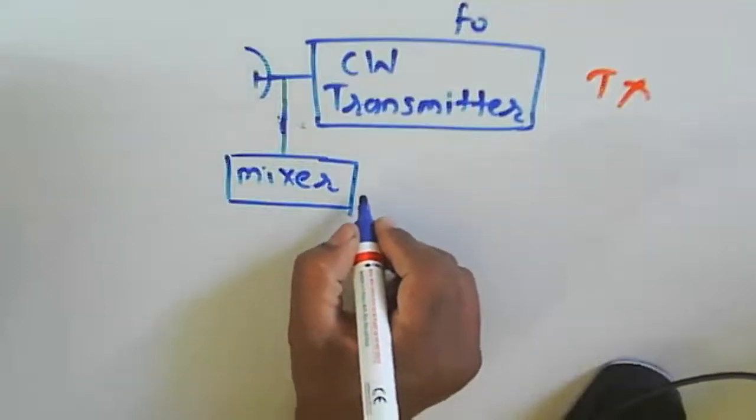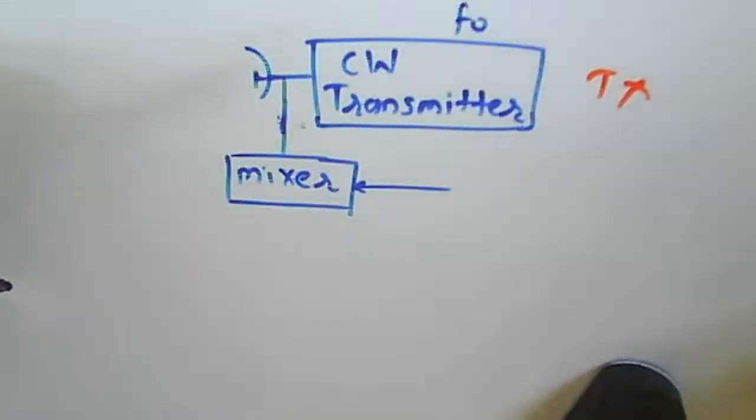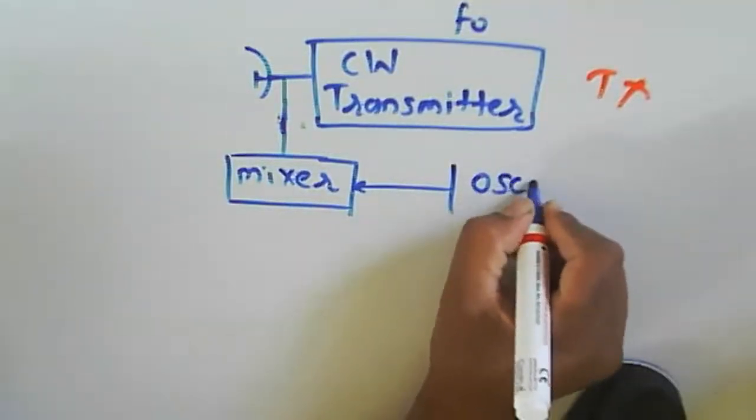and we are supposed to use an oscillator here. We need to use an oscillator to identify what will be the sideband.